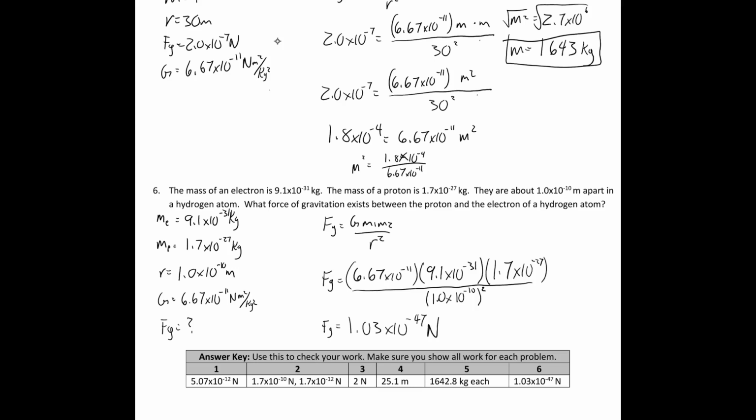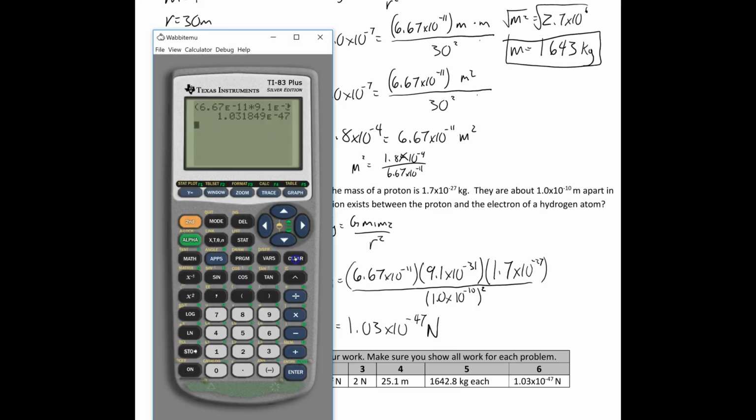Newtons. Okay, very good. Now, one thing to note, sometimes instead of plugging in this 6.67 E -11, some of the newcomers to the E button will still try to do this. They'll do something like 6.67 E to the -11.